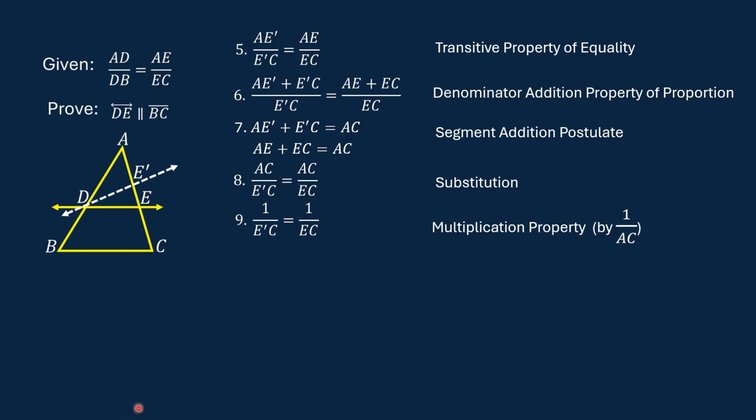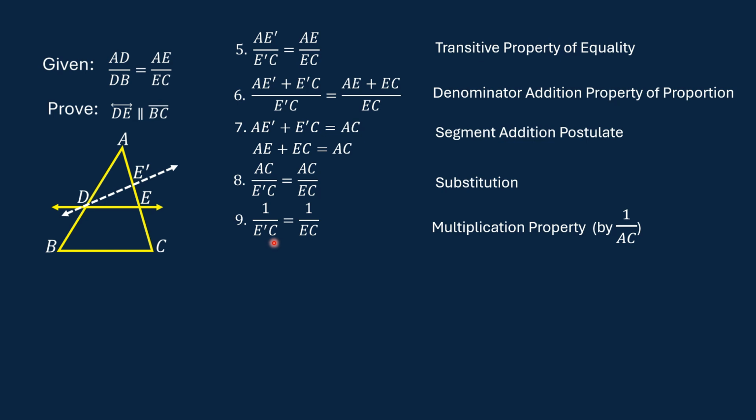Now for our last step, we are going to multiply E prime C by 1 and then 1 by EC. That is, we cross multiply. Or we can use the property of proportion: the product of the means is equal to the product of the extremes.